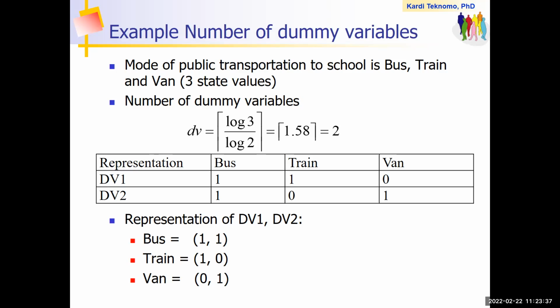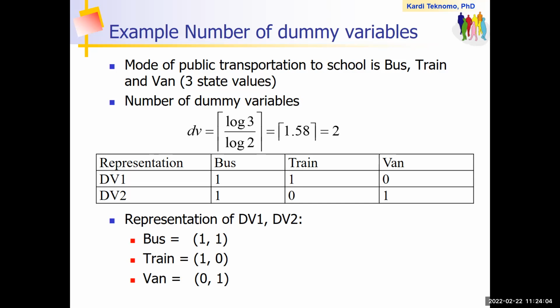Why 2? Because it is binary. Log 3 divided by log 2 is 1.58. You take the ceiling, so you get the integer, practically rounding up. Round up of 1.58 is 2. So now you have two dummy variables. Let's call them dv1 and dv2.